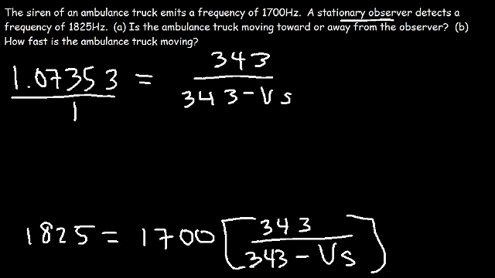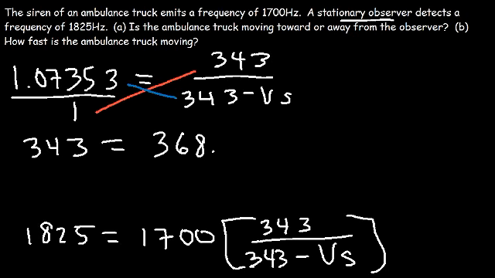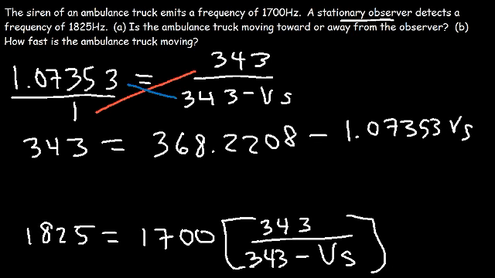So let's cross multiply. 1 times 343 is 343. 1.07353 times 343 is about 368.2208 minus 1.07353 Vs. So let's subtract both sides by 368.2208. 343 minus that number is negative 25.2208.